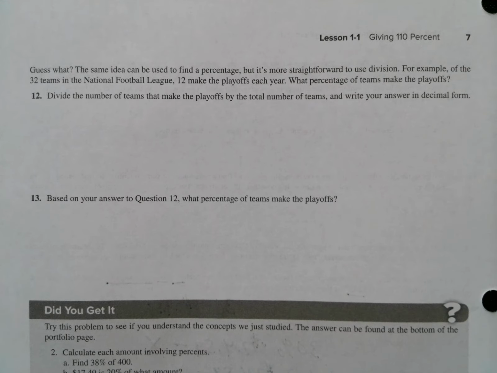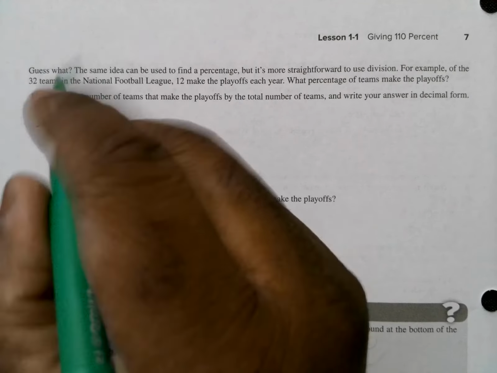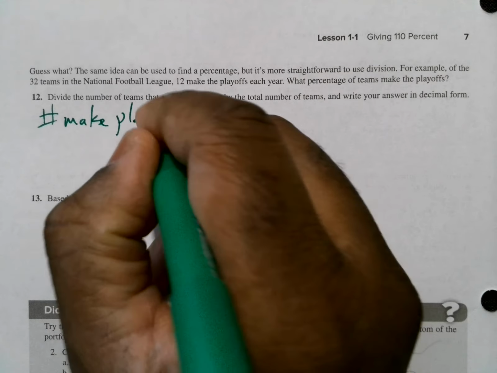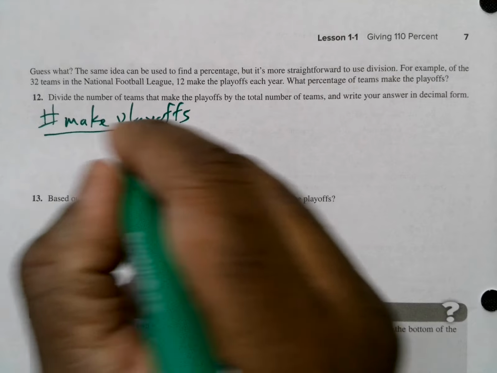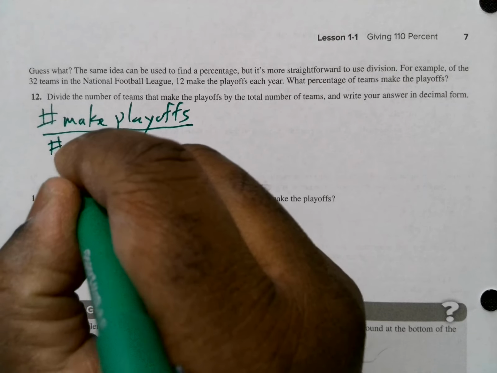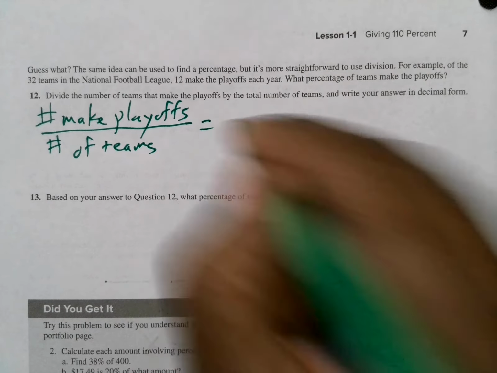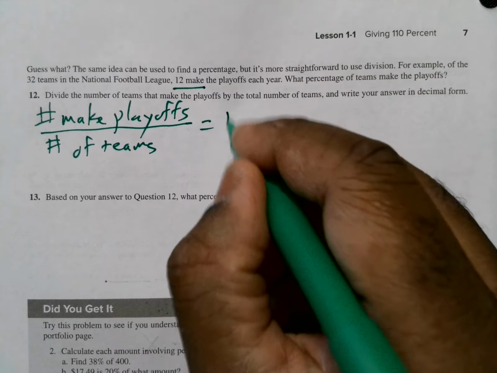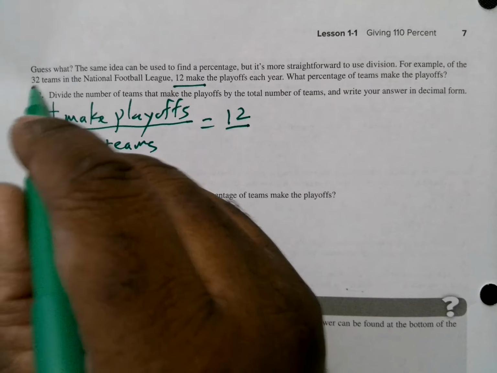Okay, so we have the number of teams that make the playoffs, and then we have the total number of teams. The number of teams that make the playoffs, as told here, is 12. The total number of teams is 32.